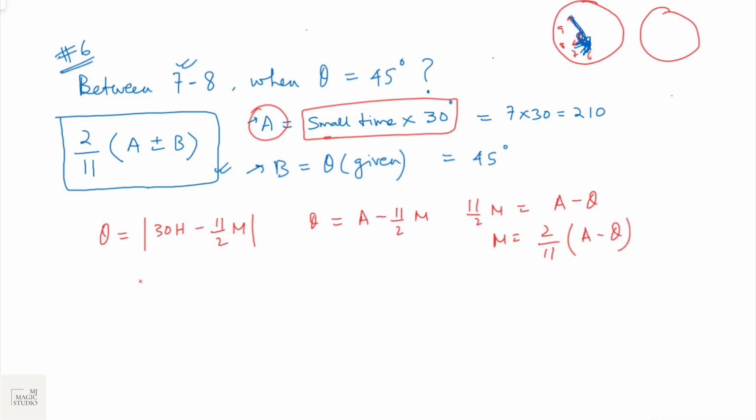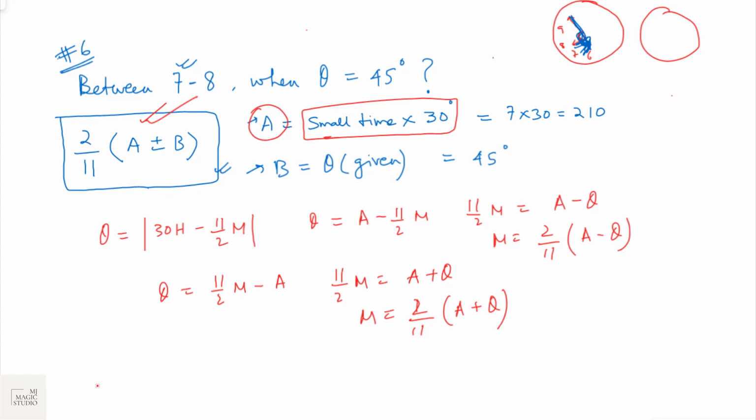Theta is nothing but B. Now if I take this negative, theta is 11 by 2m minus A, then 11 by 2m equals theta plus A, that is A plus theta. So m again is 2 by 11 into A plus theta, and hence we get this formula.